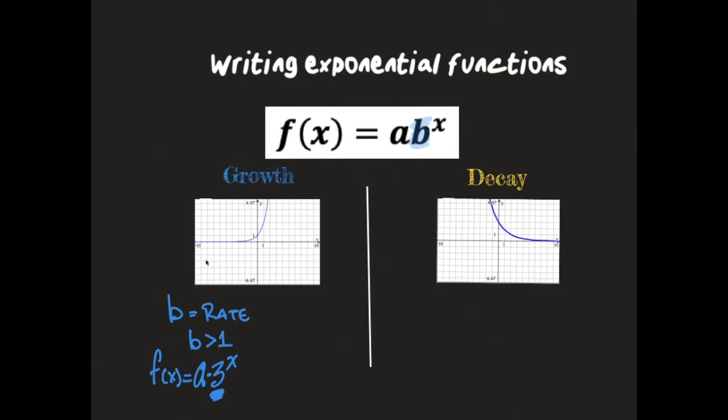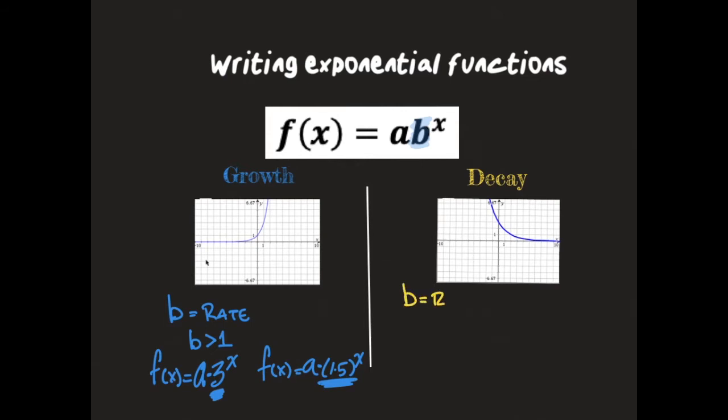To give you another example, if I have f of x equals just A, to say any number, and then I have times, let's say, 1.5 to the x, this is going to be growth just because this B value is bigger than 1. Versus having a number less than 1. And by less than 1, we mean a number between 0 and 1. So for example, B is still going to be my rate.